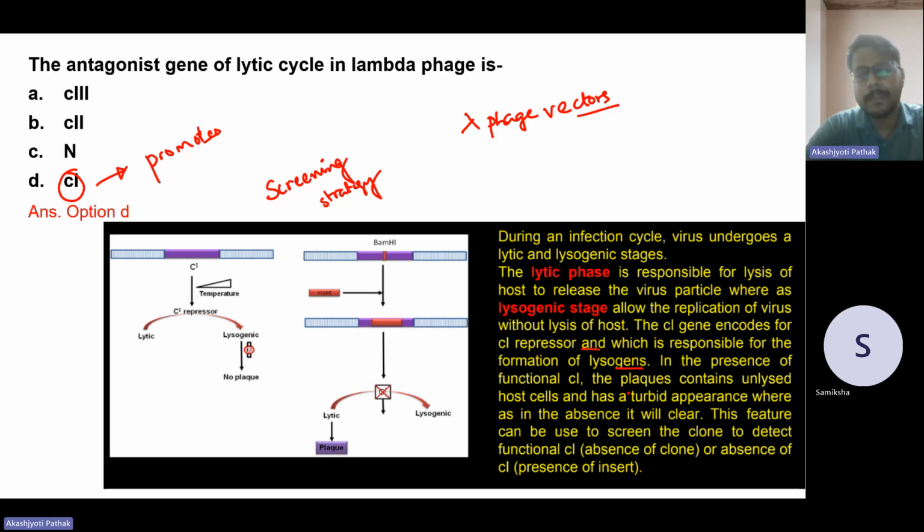So you clone your gene of interest in a phage vector, then you transform the bacteria, and there will be homologous recombination between your phage DNA and your bacterial chromosome. The phage DNA will be integrated inside the bacterial chromosome, and then it can be expressed also.